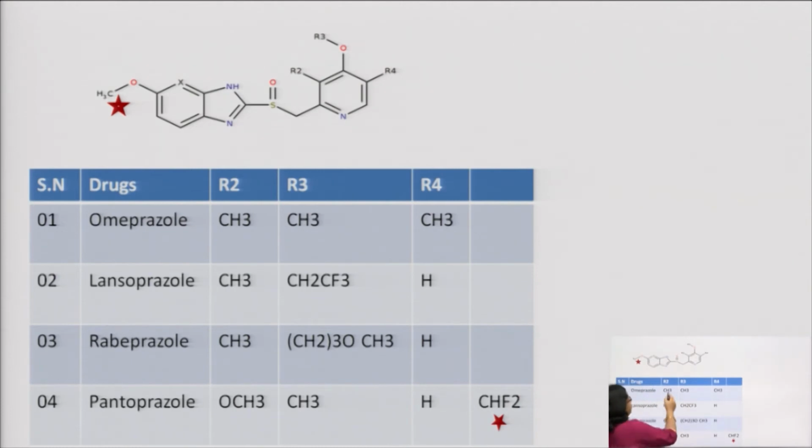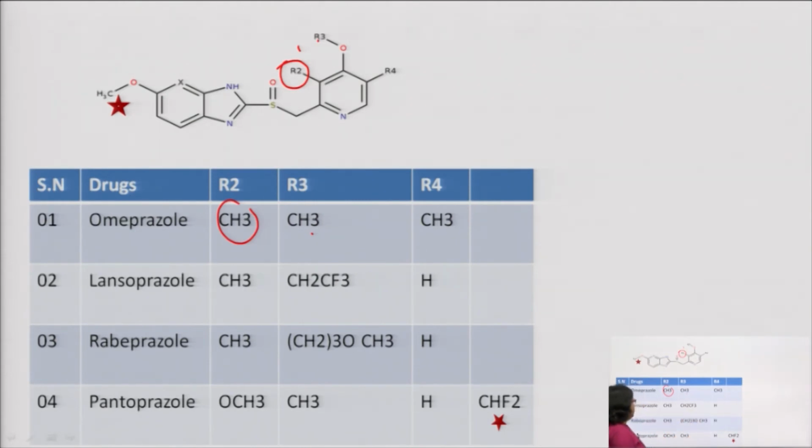You see the structure, you take the example of omeprazole. Here R2 is CH3, R3 and R4 are all methyl groups in the case of omeprazole. But in the case of lansoprazole R2 is methyl, but C2CF3 in the case of R3, and R4 is H. So, see the difference, variation in R3 and R4.